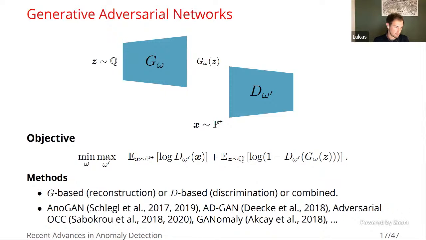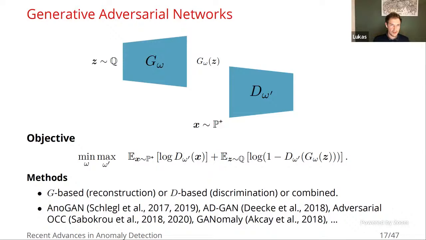But in fact, after converging, this discriminator does not generalize well to completely different samples that are not close to this distribution. But what those methods that use a combined score do is take intermediate features of this discriminator and derive a score from there. Yes, and so this is not strictly a density estimation approach, but by training this generator, one tries to approximate the data distribution, of course.